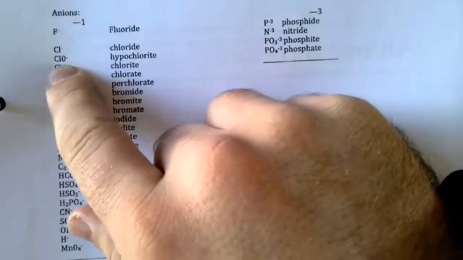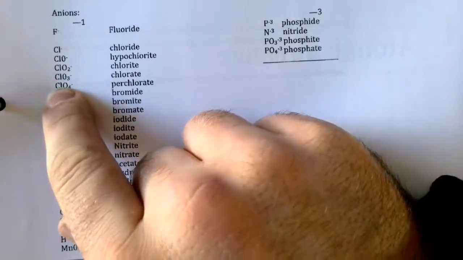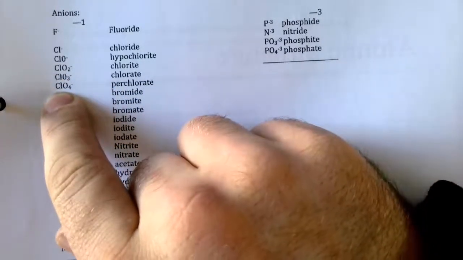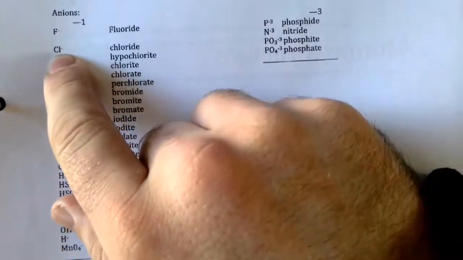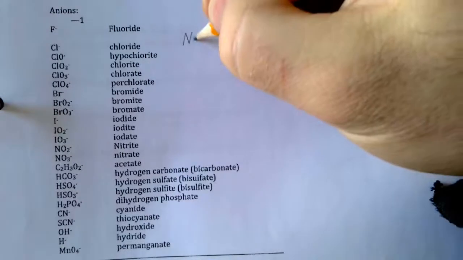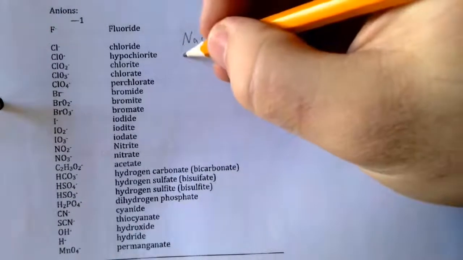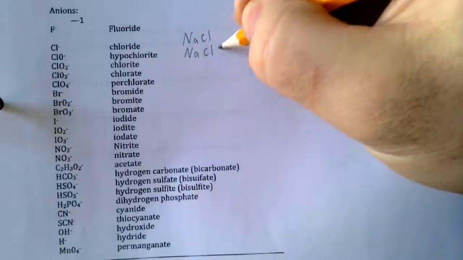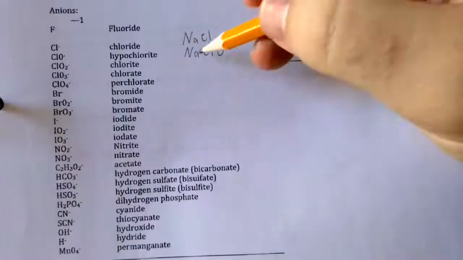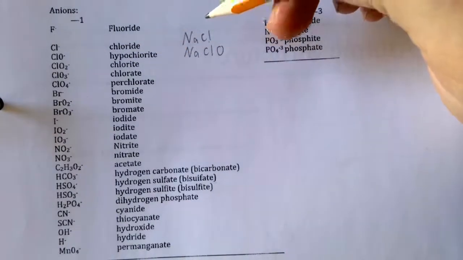But when I get an oxygen on it, or 2 oxygens, or 3 or 4, all of these are stable compounds and can bond just like chlorine can. So I could have something like NaCl, and that would be sodium chloride. I could also have NaClO. That would be hypochlorite.